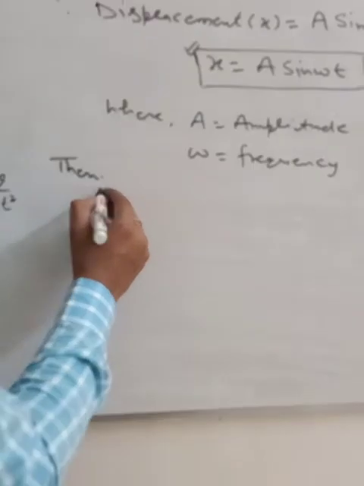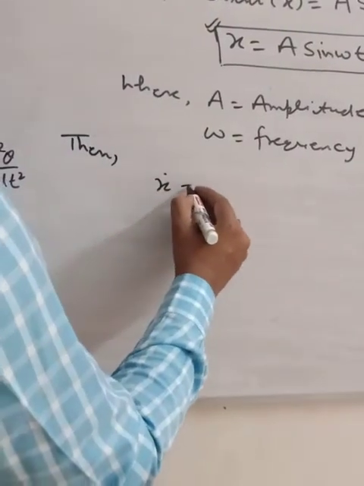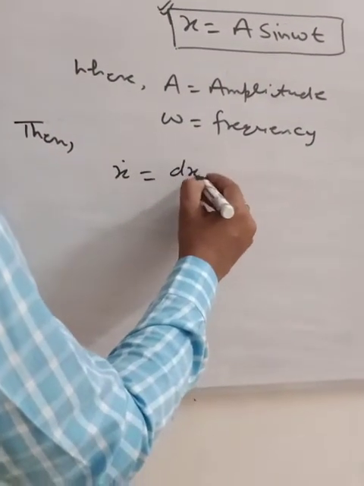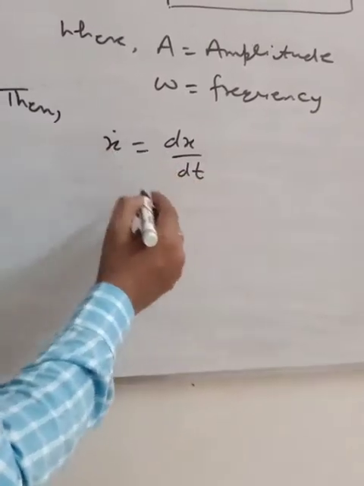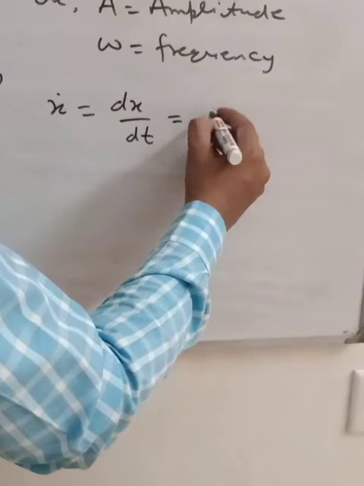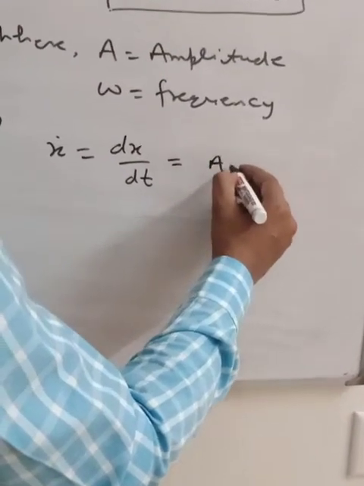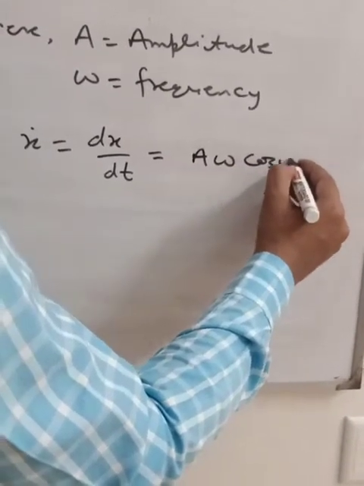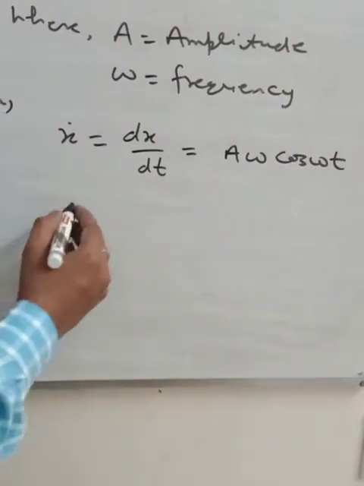Then x dot, which is dx by dt or velocity, is A omega cos omega t.